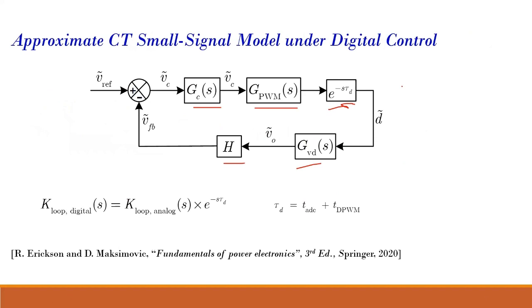In this case, it is the loop gain. So that loop gain consists of both delays, and this loop gain will be used for designing our controller.